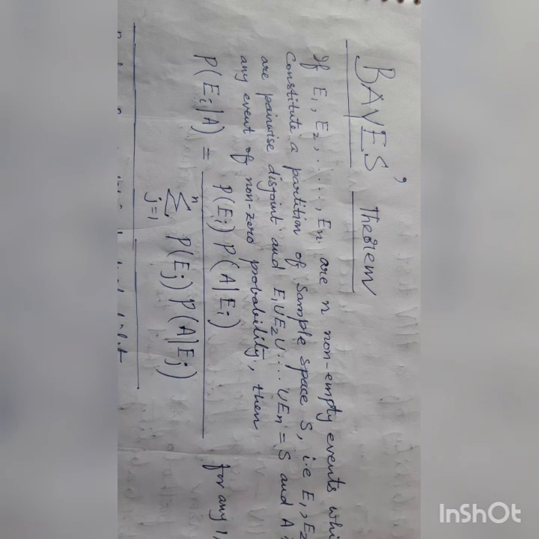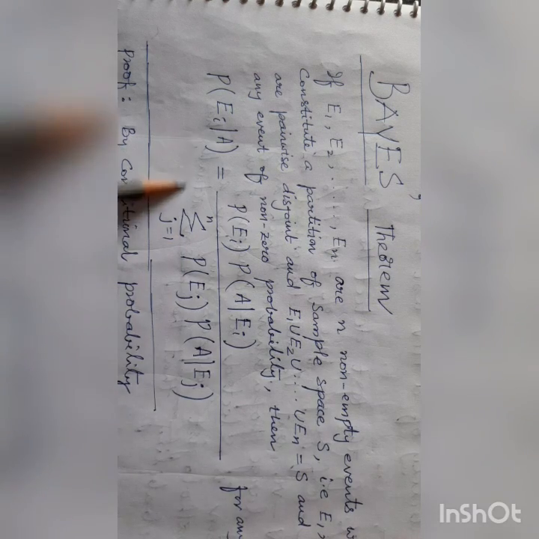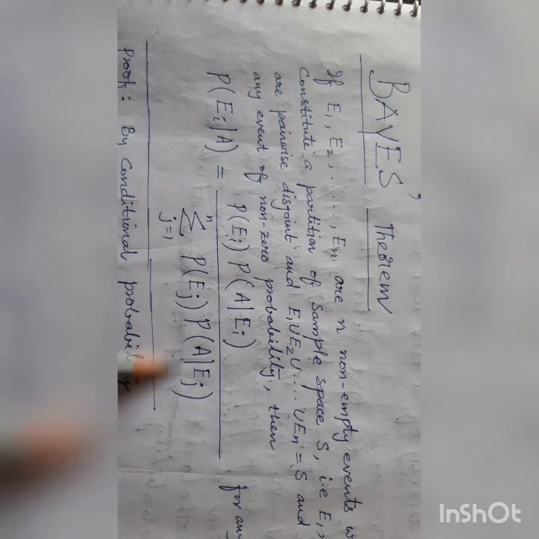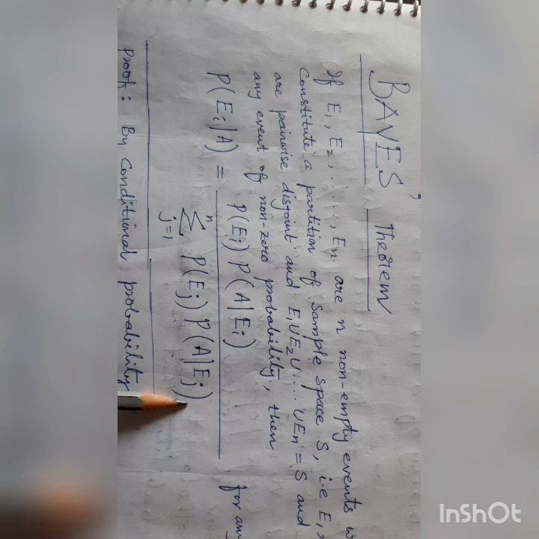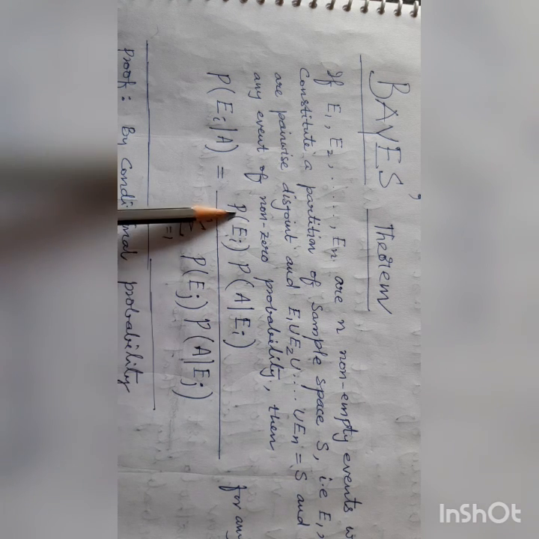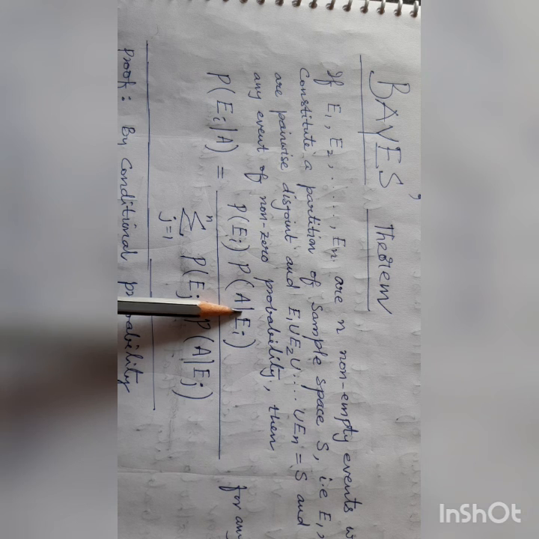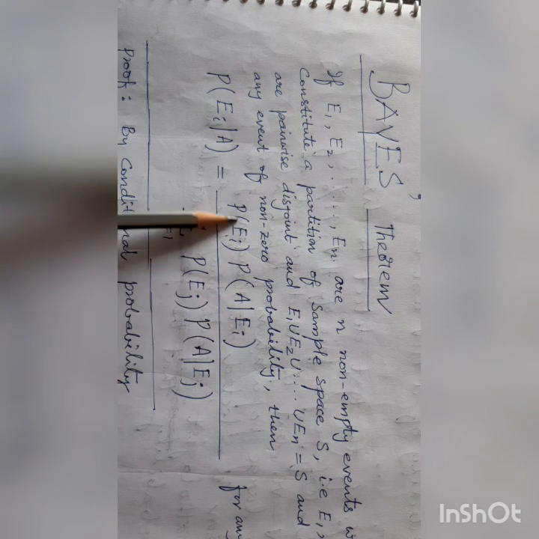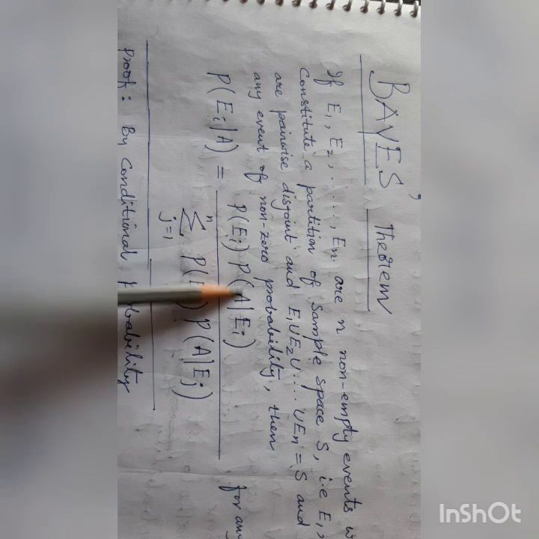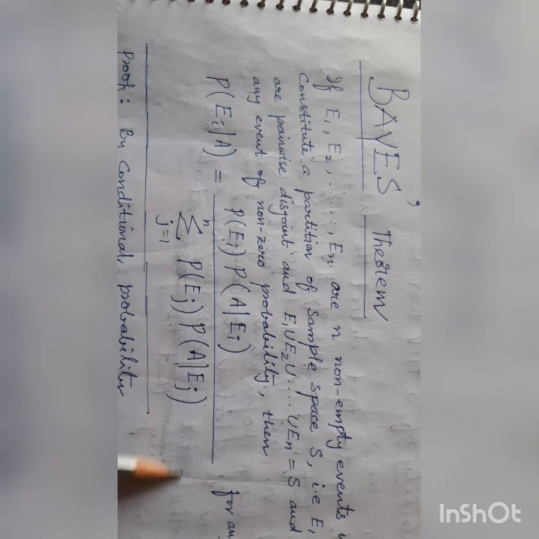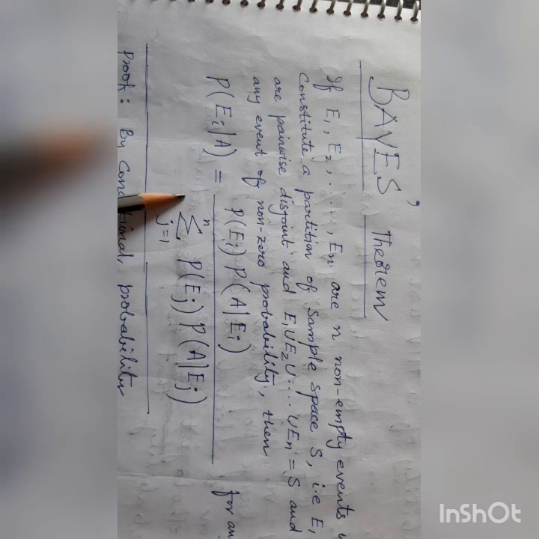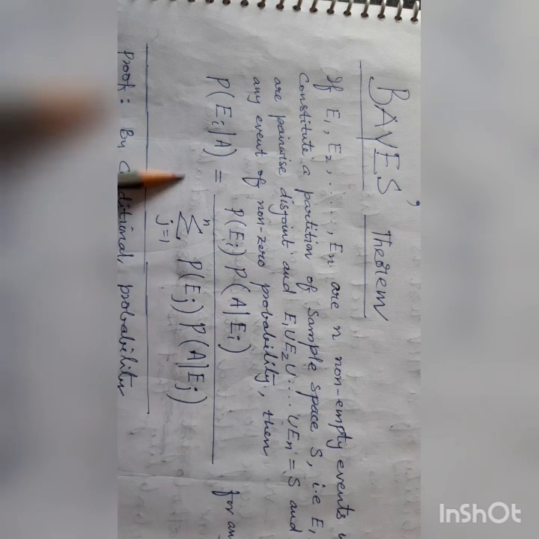The total probability you keep in the denominator place, and in the numerator place you keep the required probability.